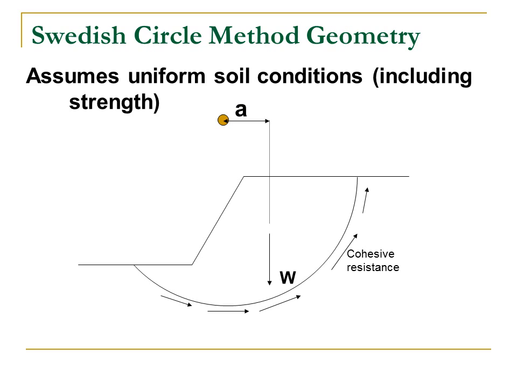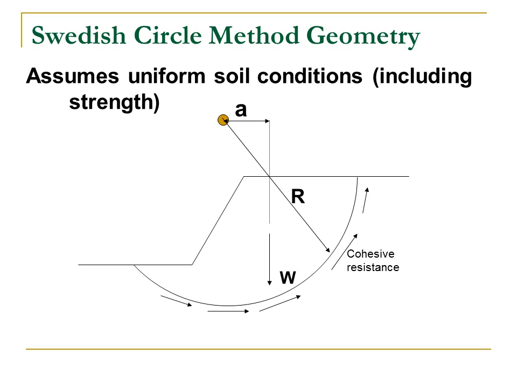So we take W times A, and you'll remember how to calculate moments from physics. We take W times A, and that's the moment acting clockwise around the center of rotation. And that must then be equal to, at limiting conditions, the cohesive resistance times its moment arm, which is R, the radius of the circle in question.